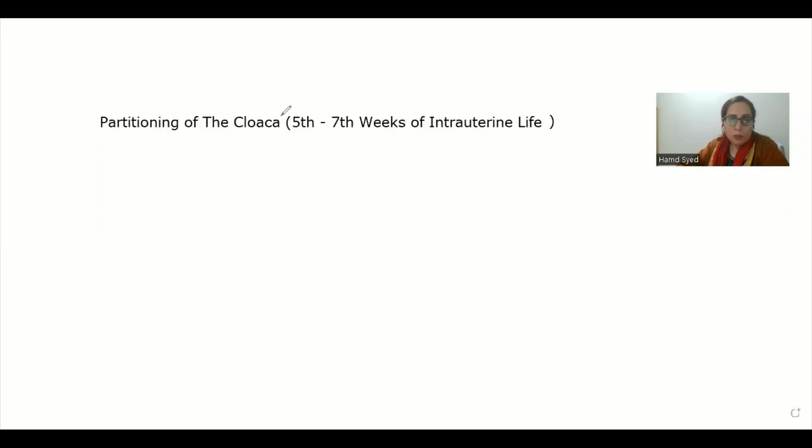So in the 5th week of intrauterine life, I'm going to draw a sagittal section through the embryo, and that is going to represent the lower part of the embryo. If you recall from the previous lectures, there are 3 parts of the primitive gut: the foregut, midgut, and then the hindgut.